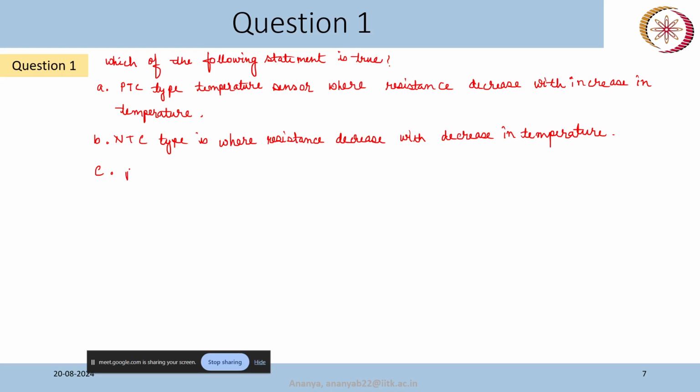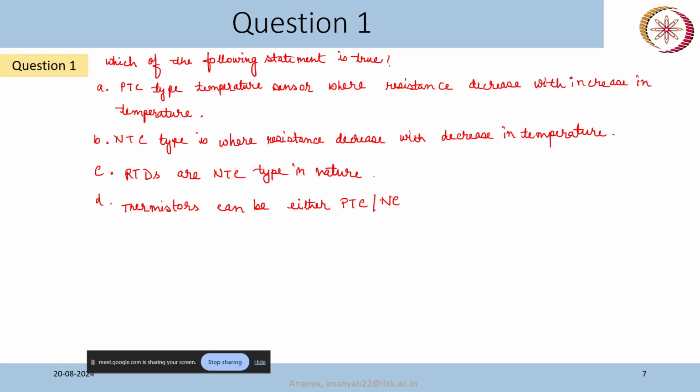Third statement is: RTDs are NTC type in nature. Fourth is: thermistors can be either PTC or NTC. So which of the statements is true?